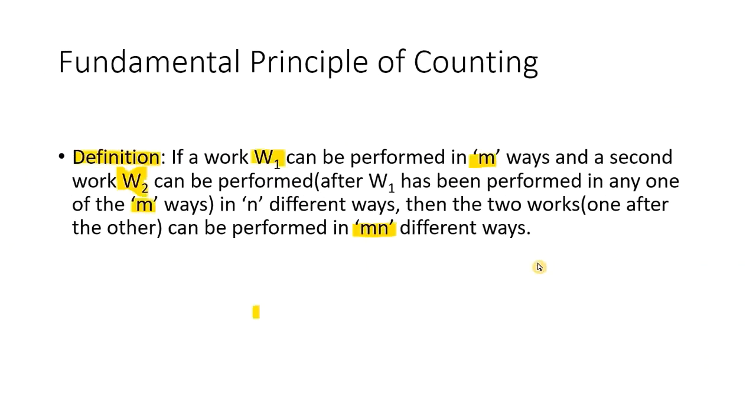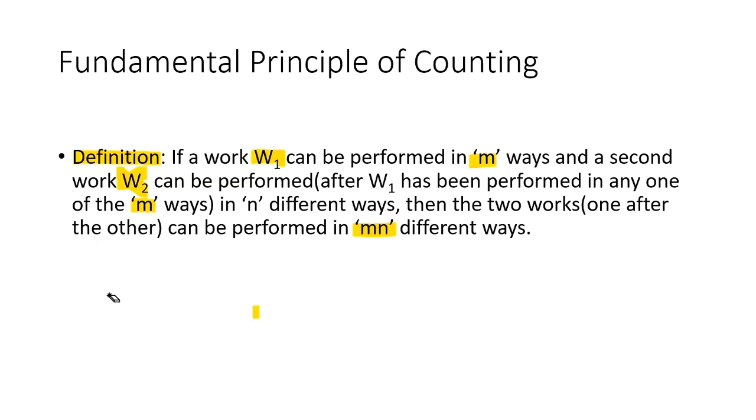Now, let us look into the definition of the fundamental principle of counting. If a work W1 can be performed in m different ways and another work W2, which is performed after W1 is performed, can be done in n different ways, then the number of ways of completing W1 and W2 one after the other is going to be m times n.